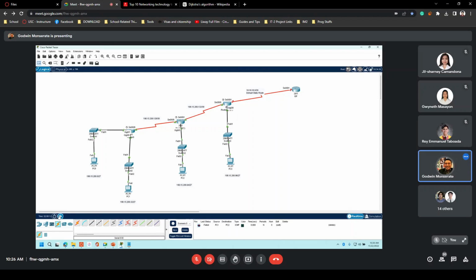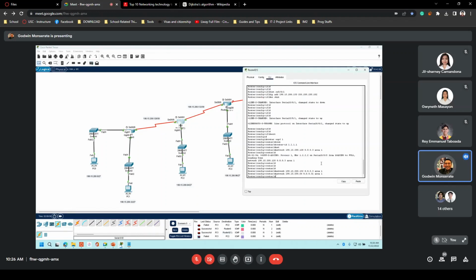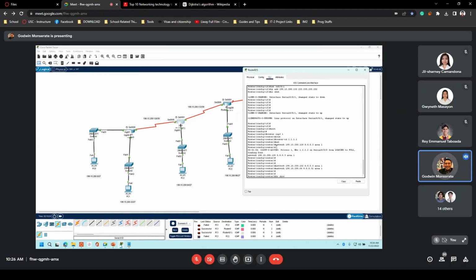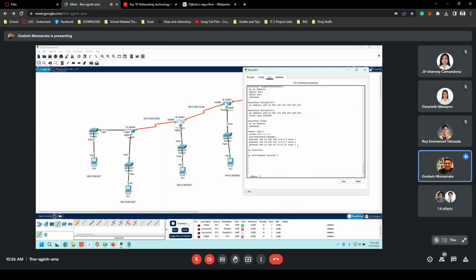Tagal na itong time. Converge man ni sila. Sa'yo pa kong network. 64, 27, 31. Be, do show run na to. So, pa na take effect. Do show run.